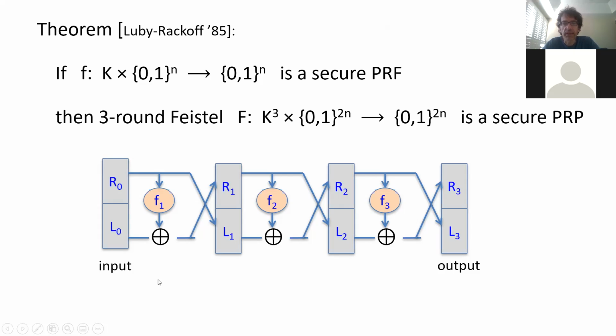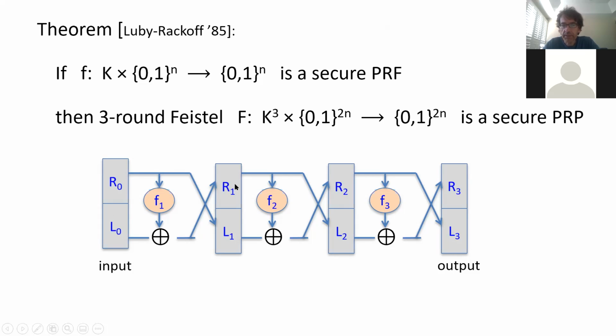An attacker chooses the first argument, call it x1. It's an argument of 2n bits, so it defines the value of these registers, the left and the right side of the input. And what he gets back is these registers as the output of the 3-round Feistel applied to his input with these 3 round functions.